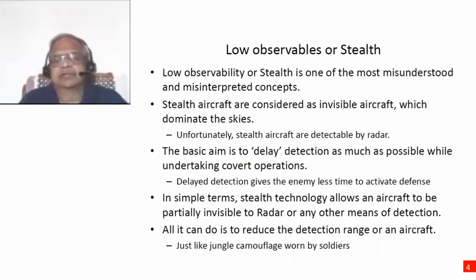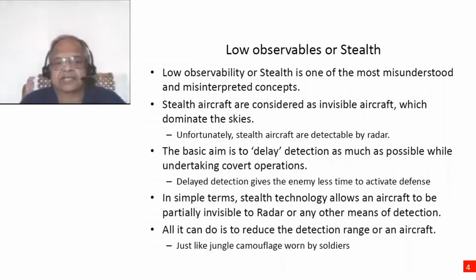So low observability or stealth is one of the most misunderstood or misinterpreted concepts. In the open literature, you have things like invisible aircraft, which of course is not true. Stealth aircraft are not invisible. Unfortunately, they can also be detected by radar. The only thing is that you delay detection as much as possible while undertaking covert operations.